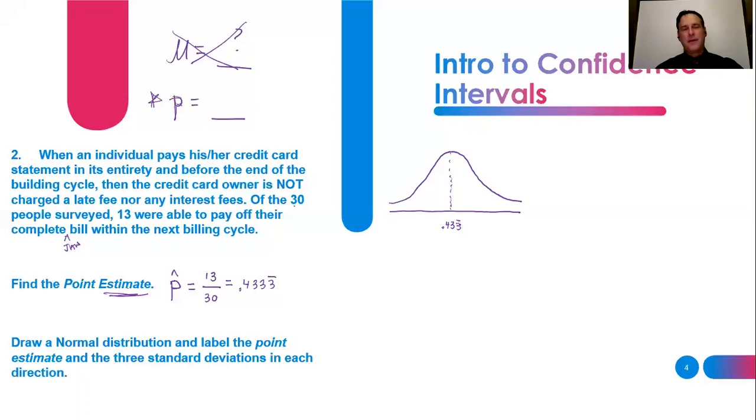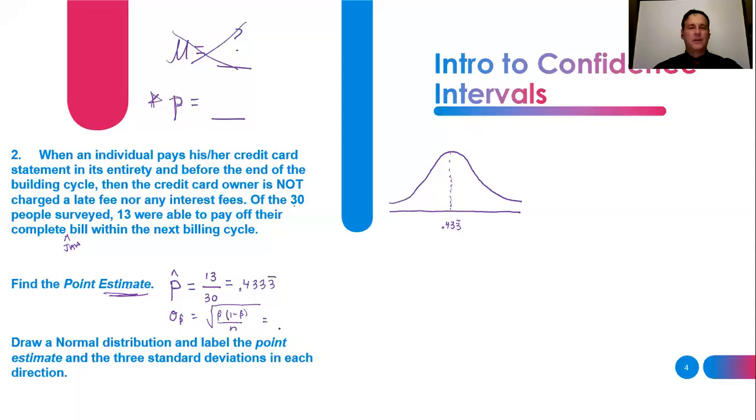However, if you remember from a previous chapter in sampling distributions, the standard deviation of all your p hats will be, in this case, since I only have p hat to use, the square root of p hat times 1 minus p hat all over n.